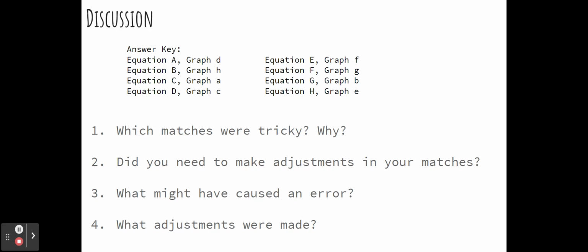So what adjustments did you need to make in your matches? Hopefully after we just talked about the two lines and the two parabolas, you made some adjustments there. If there are things that might have caused an error, what could you have done differently?